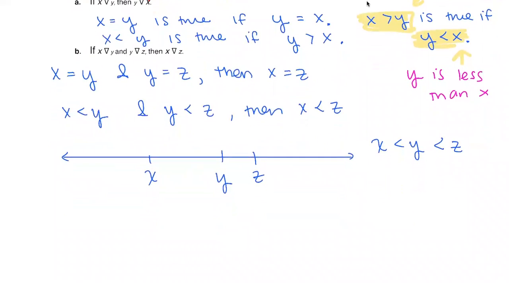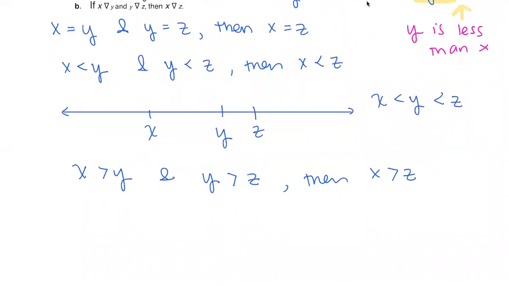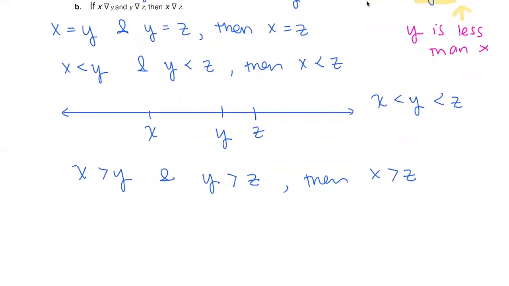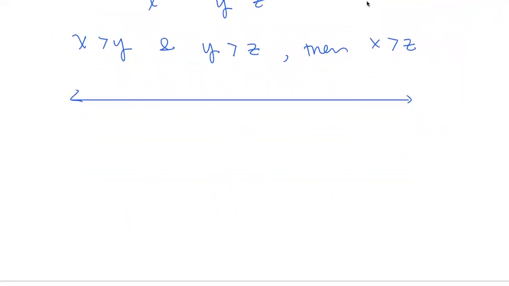Lastly, if x is greater than y and y is greater than z, then is x greater than z? Well, let's use a number line again. This is a whole different number line, so what happened before is not the case anymore.